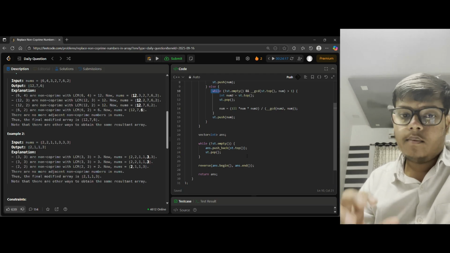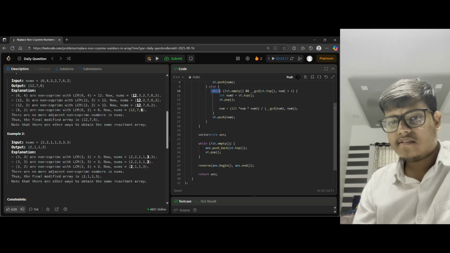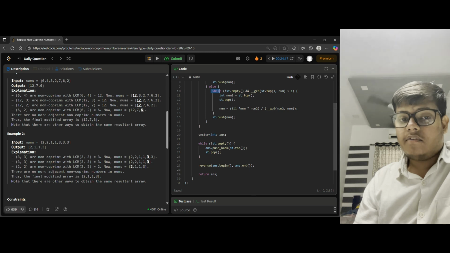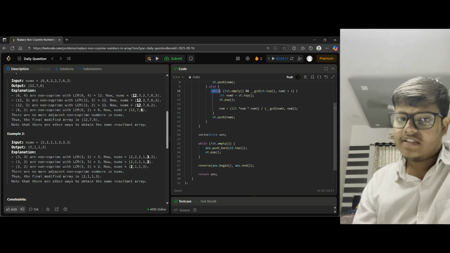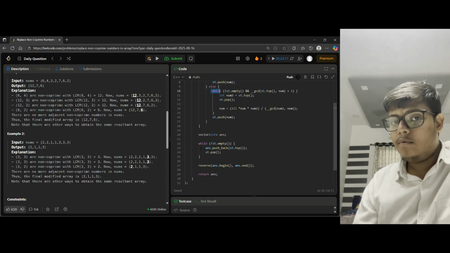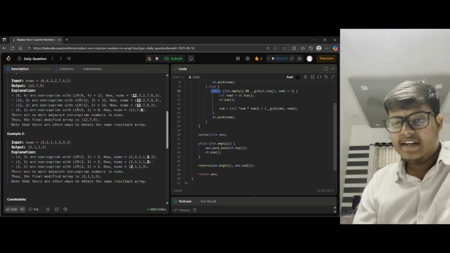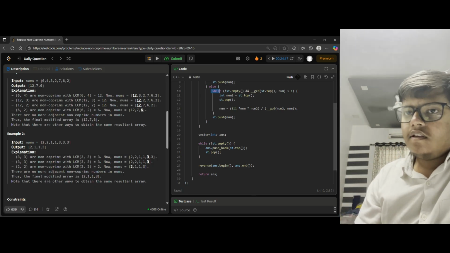I extract all the elements from the stack, and since the answer after extracting from the stack will be in reverse order, because stack is a last-in-first-out data structure, we reverse the array and return the answer, right?